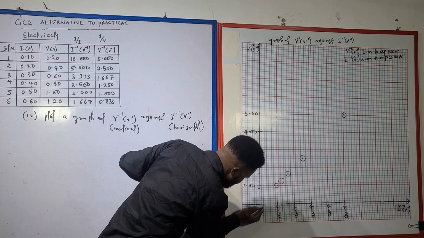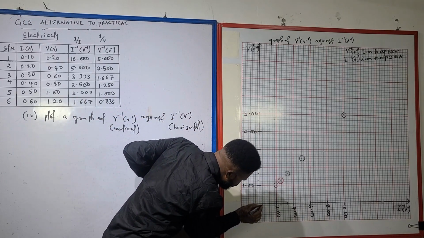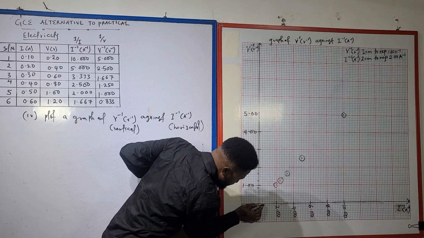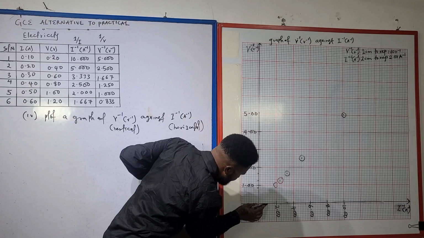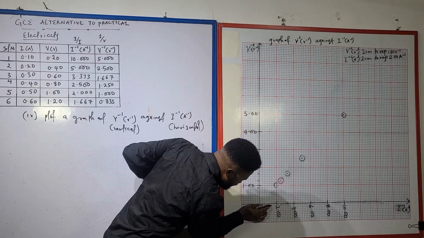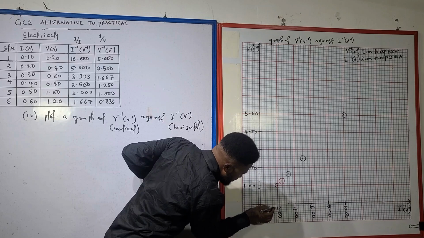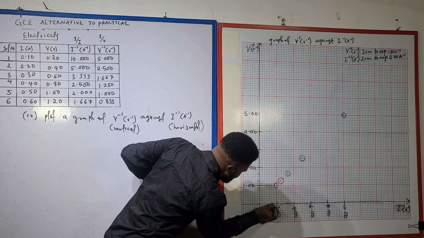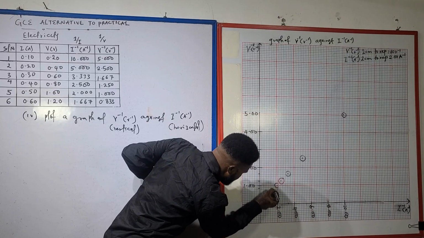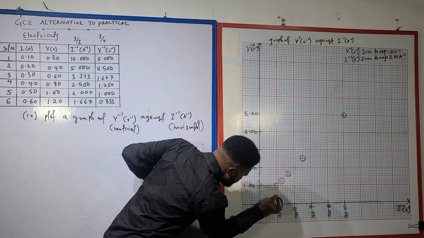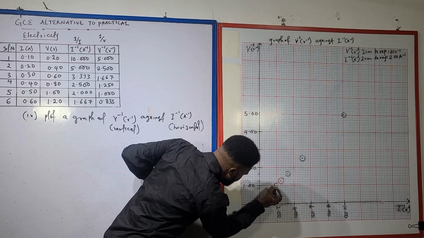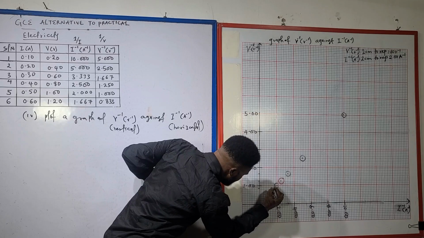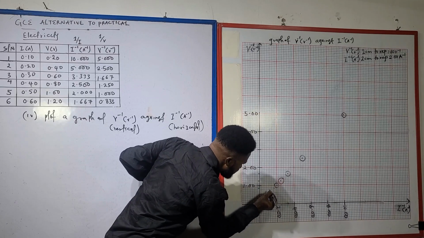Definitely this is 2, 4, 6, 8, 1. That's 0.2, 0.4, 0.6, 0.8, then 1, 1.2, 1.4, 1.6, just before 1.7, somewhere here. If I trace that out, that's going to give me somewhere here. That's the point.